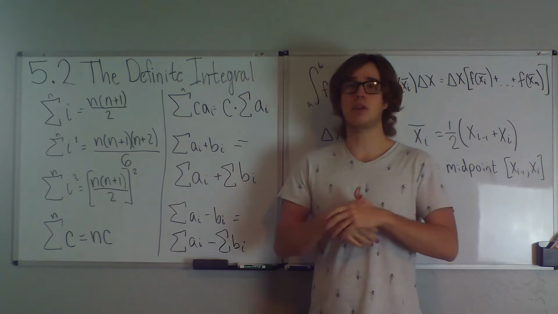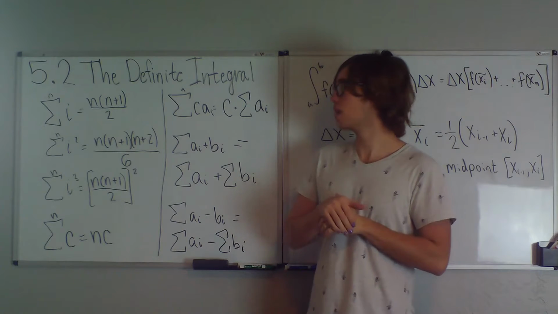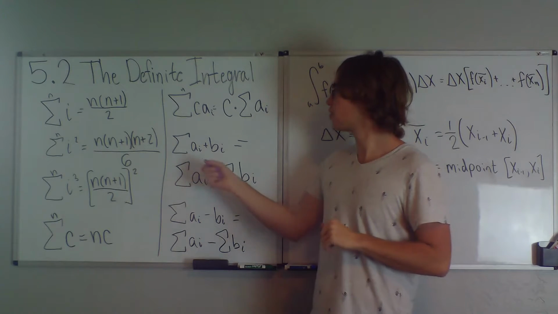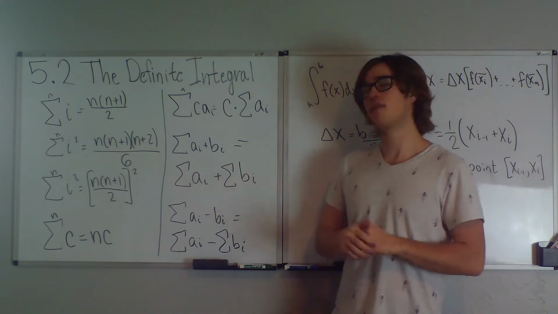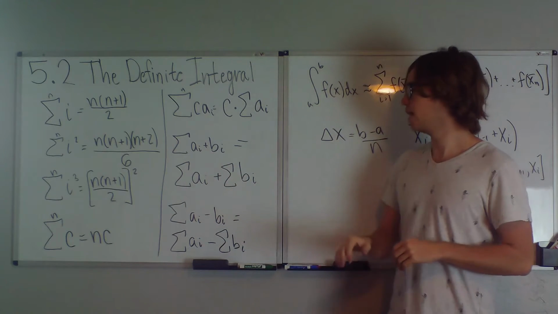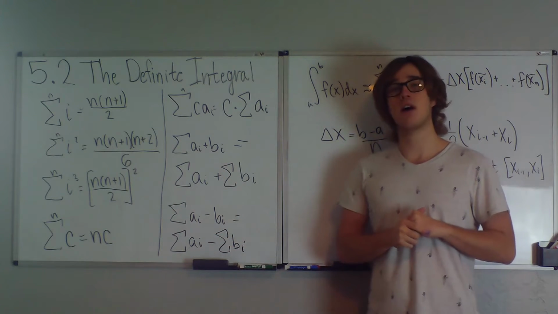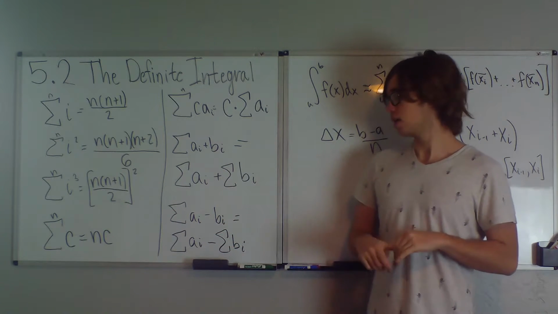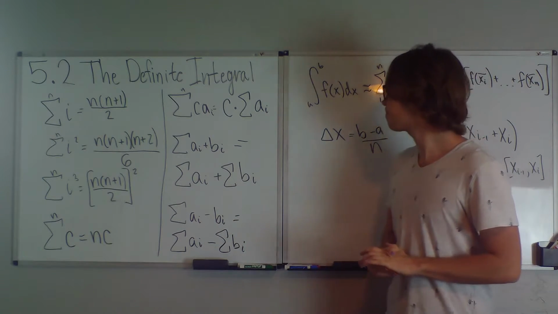So your a i can be whatever, and you just multiply by c at the end, and then you get your answer. Okay, now the sum of a i plus b i is equal to the sum of a i plus the sum of b i. And then the same for the difference. The sum of a i minus b i is just equal to the sum of a i minus the sum of b i.